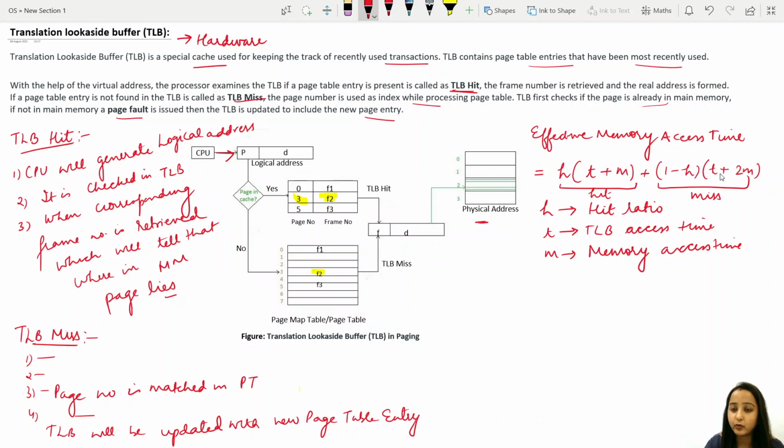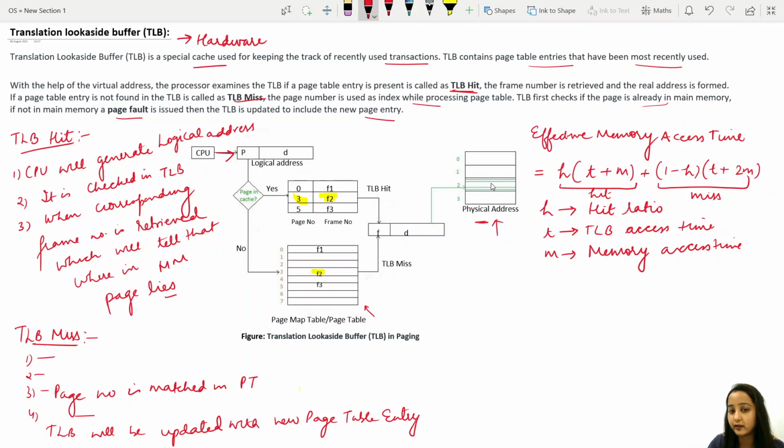First we have to look in the TLB, the page is not found, then we access the page table in the main memory, then we see the corresponding frame number in the physical memory, or you can say the main memory.